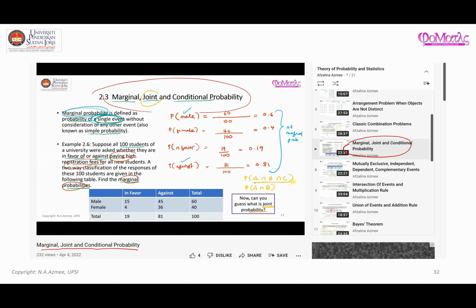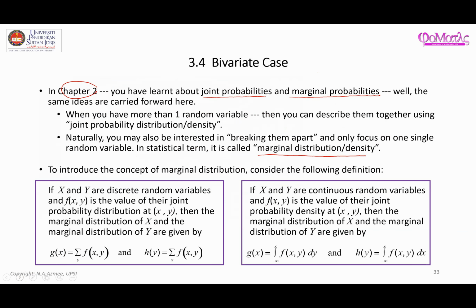This one right here, video number 7 on the playlist of theory of probability and statistics. So basically those basic ideas which you have seen are going to be carried forward here.